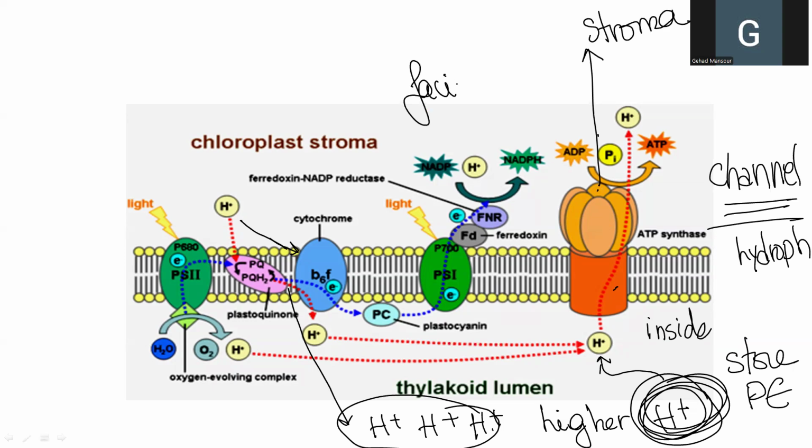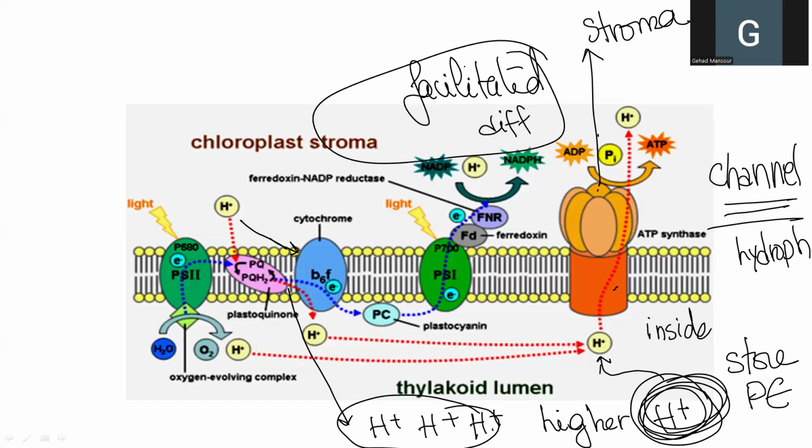Of course, this is a kind of facilitated diffusion since we are using a channel which is ATP synthase. So it is this step that allows the formation of ATP, because it is this step that allows the protons to release the stored energy. And it is at this step that we are allowed to convert ADP to ATP.